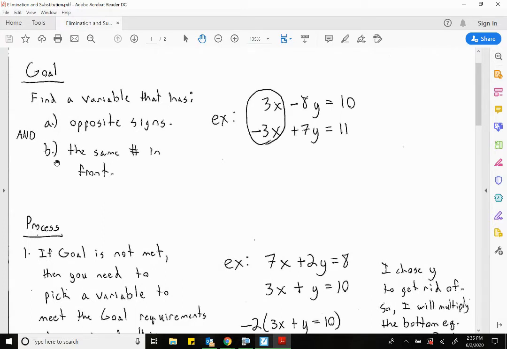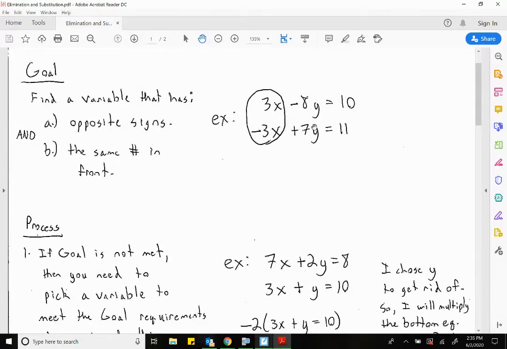It takes 2 things. One, you need to see if there is a variable, just one variable, but it's cool if there's more than one, that has opposite signs, meaning one is positive and one is negative. Looking over here, both the x and the y meet that, because positive, negative, negative, positive.